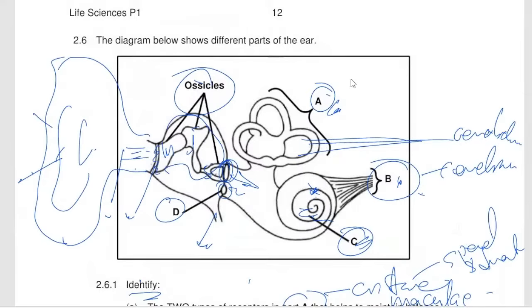The last bone, the stapes, will cause the oval window to vibrate. The oval window will create a pressure wave in the inner ear, and this pressure wave will cause the organ of Corti in the cochlea to be stimulated to convert the stimulus into a nerve impulse. The nerve impulse is moved along the auditory nerve to the cerebrum for interpretation so that you are able to hear. So basically, that is it. You have to know that.